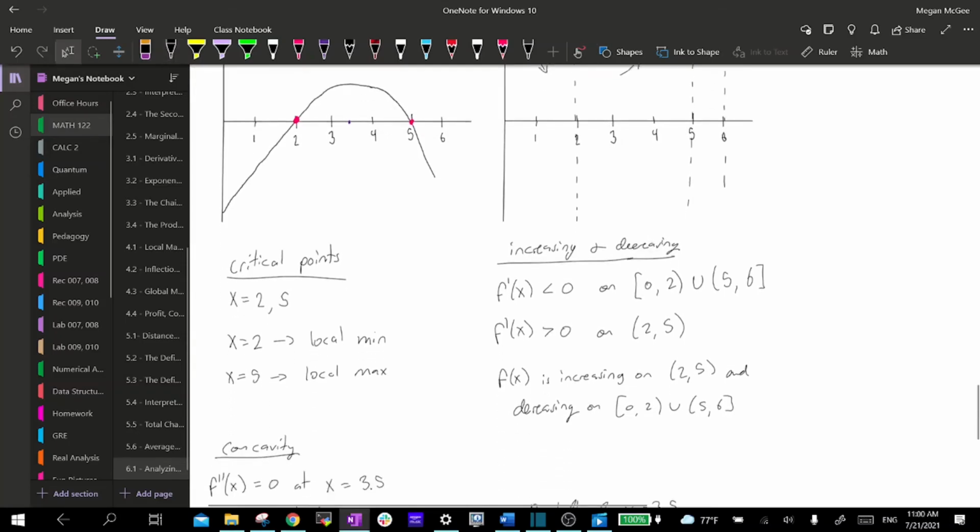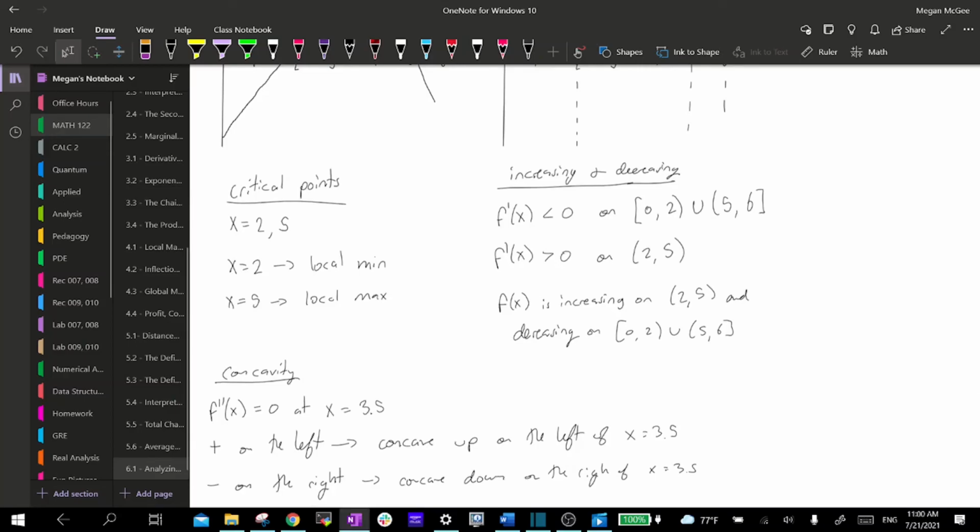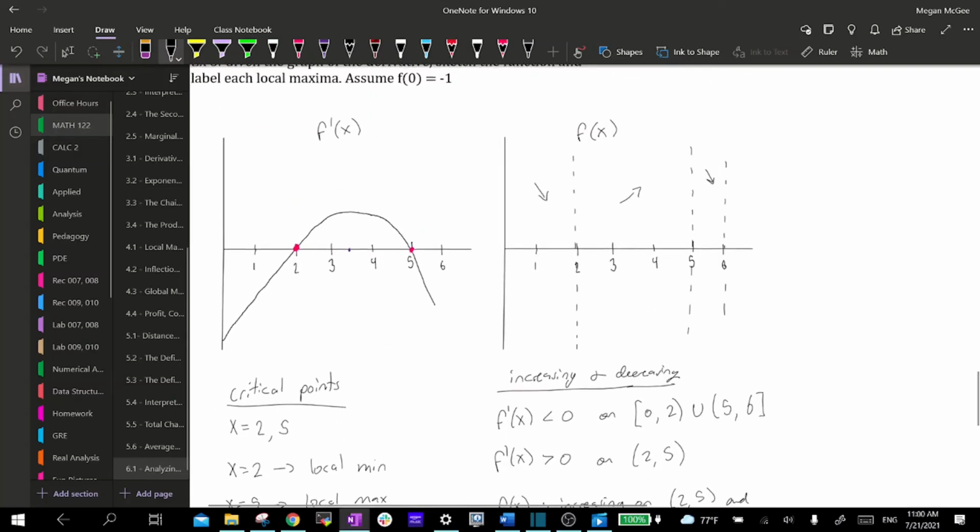Then at 3.5, our concavity needs to switch. That's where we have an inflection point. Okay. So our inflection point at 3.5. So let's see here. I'm going to divide this into 2.